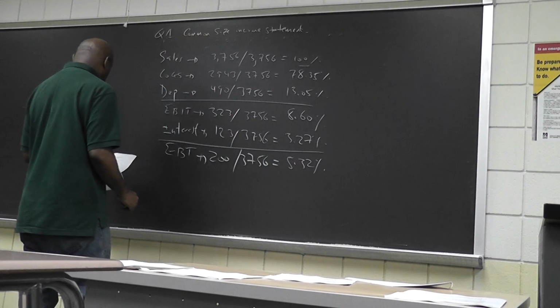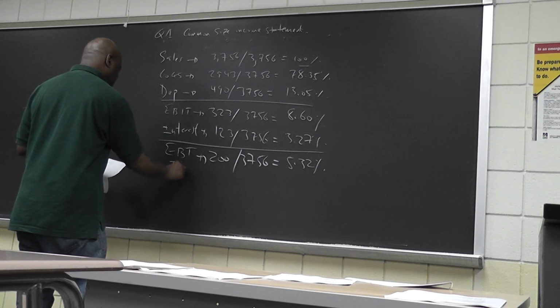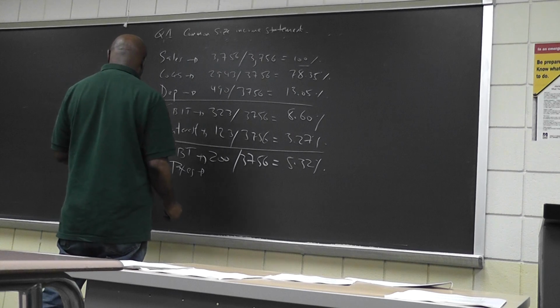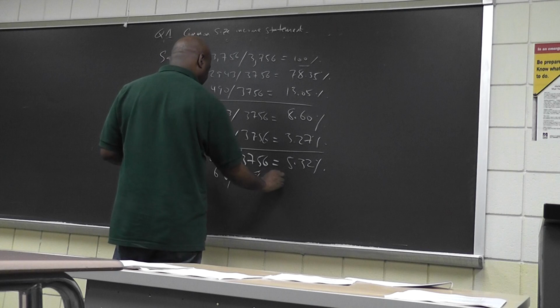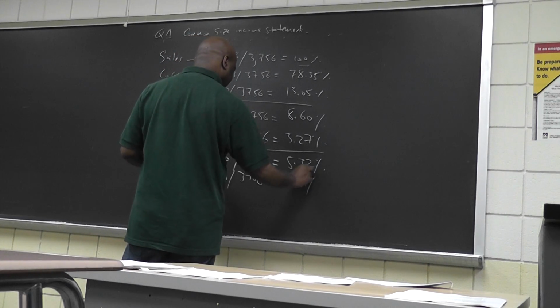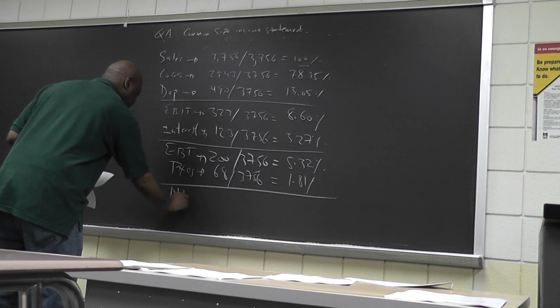And then we go to taxes. Here taxes are 68, so 68 divided by 37.56, then we get 181%. And then now we can get net income.